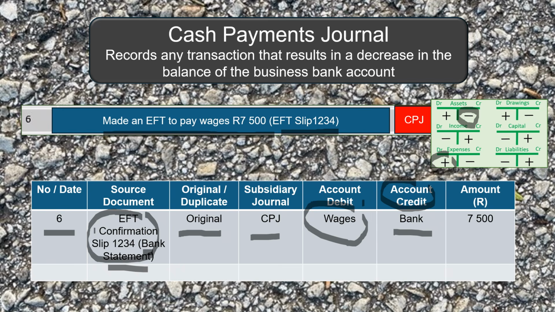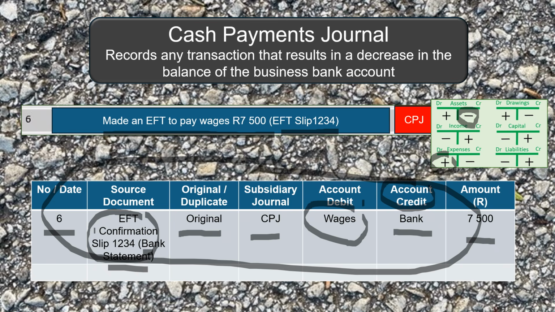Decrease in assets. So there is a transaction, paid wages, and the amount was 7,500. Remember, you're going to have to complete this table. Nice thing about the table, the examiner can ask all 5-6 journals without getting you to do the journals in a table like this.